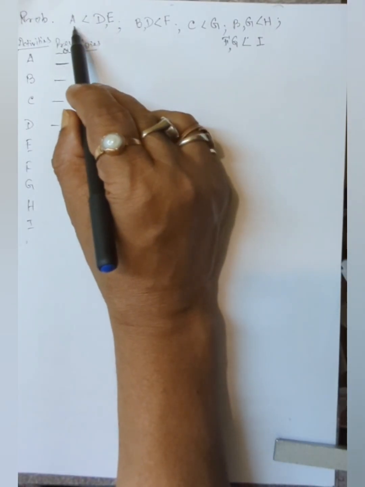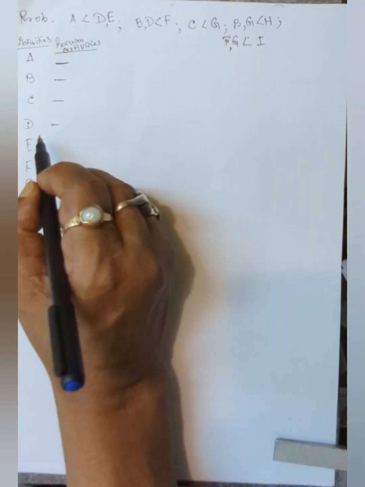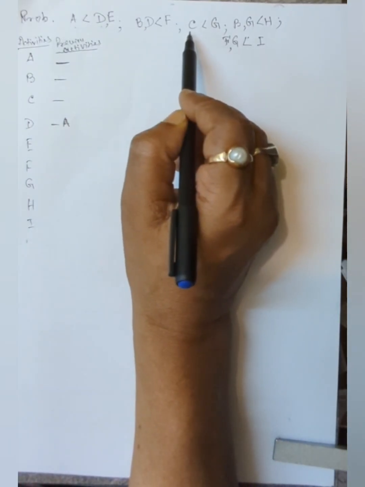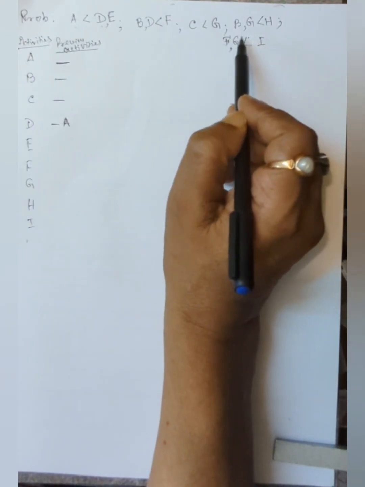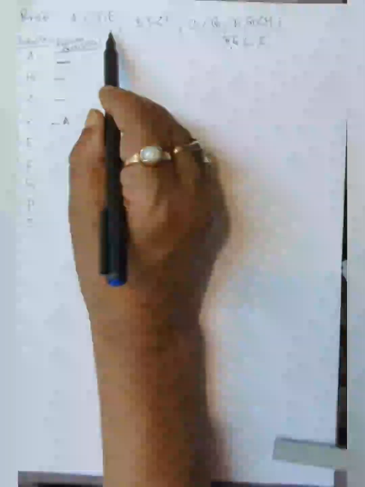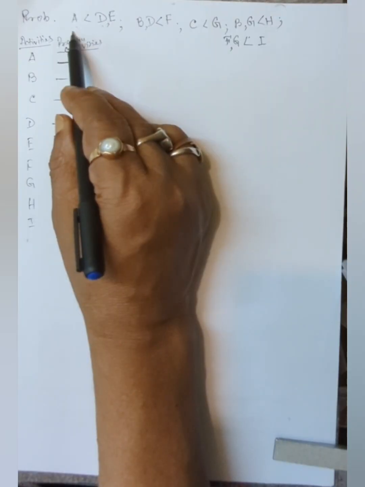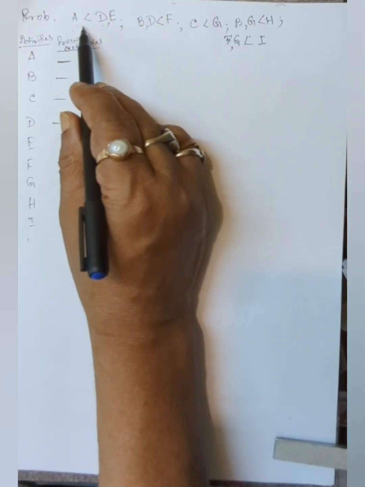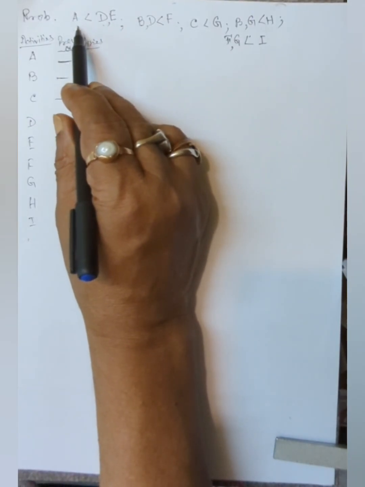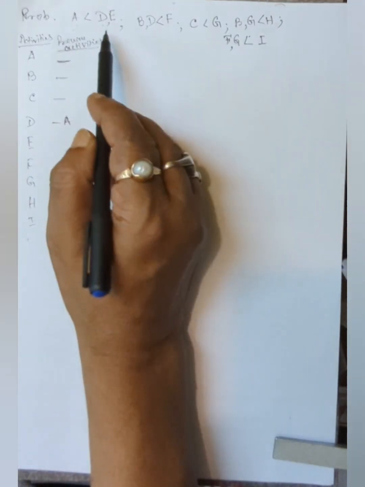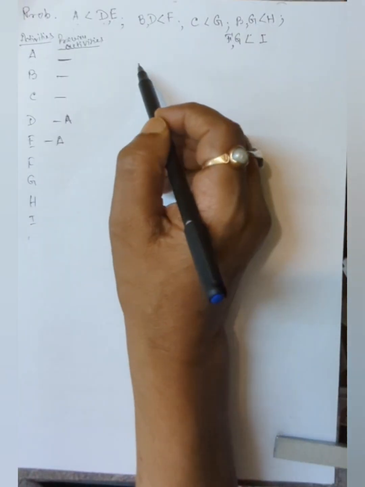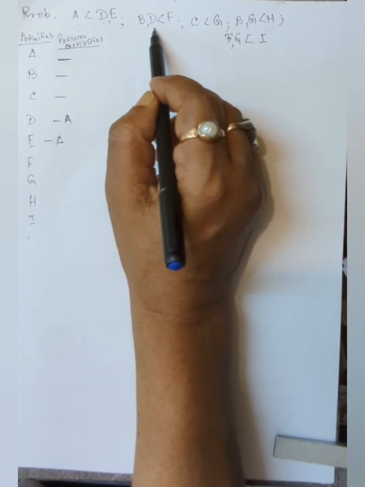You have to complete A, only then you can start D. That means A is the previous activity for D. Then E: A has to be completed to start E, because A < D, E indicates that before starting E, you have to complete this activity. So for E, the previous activity is A.